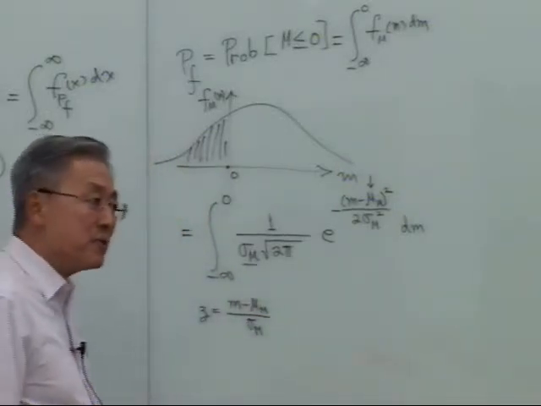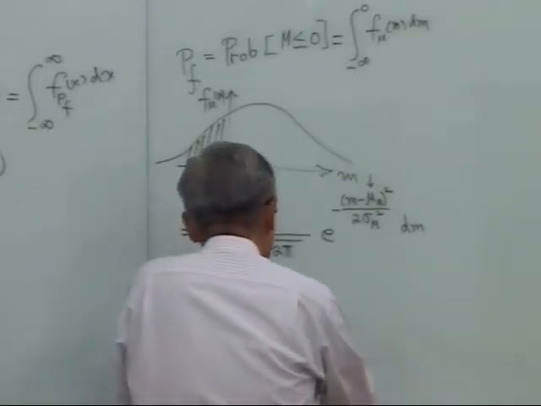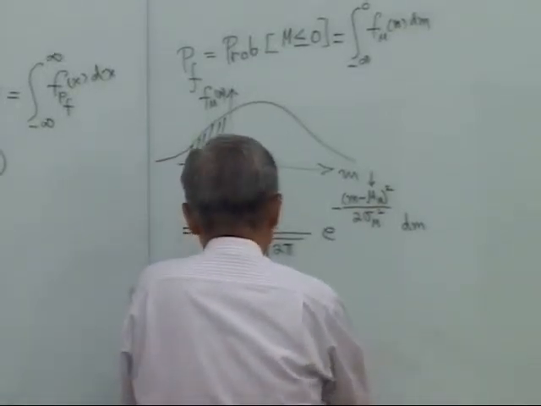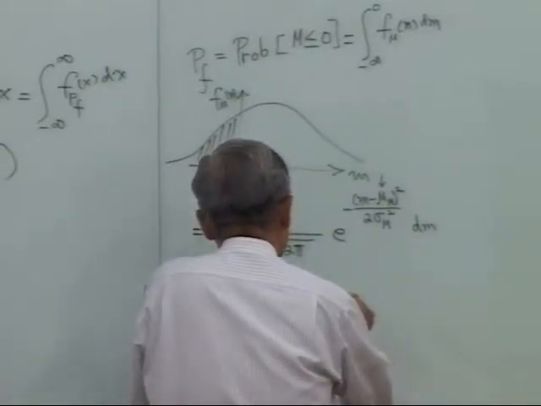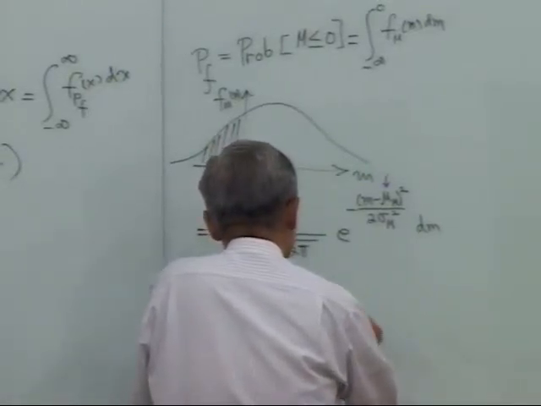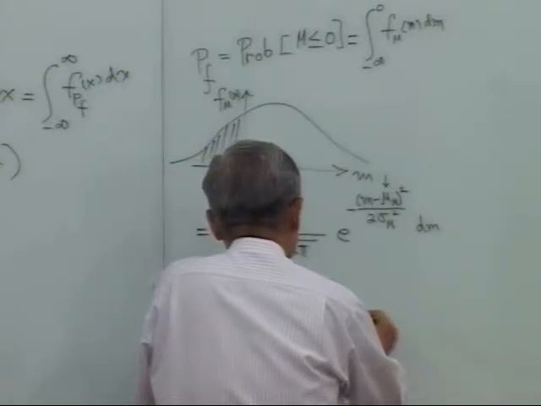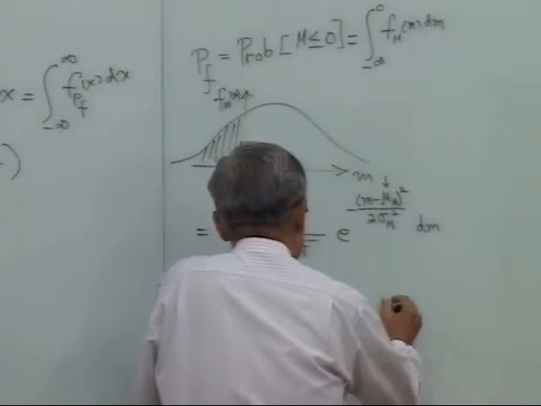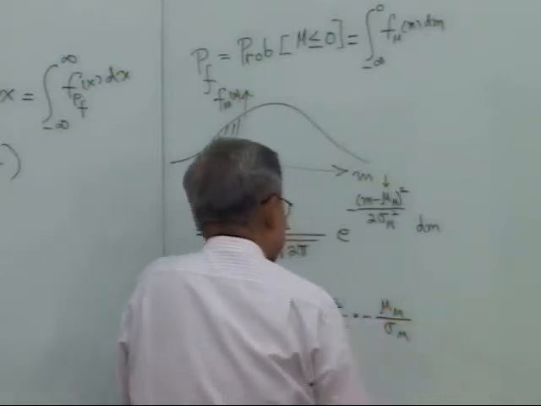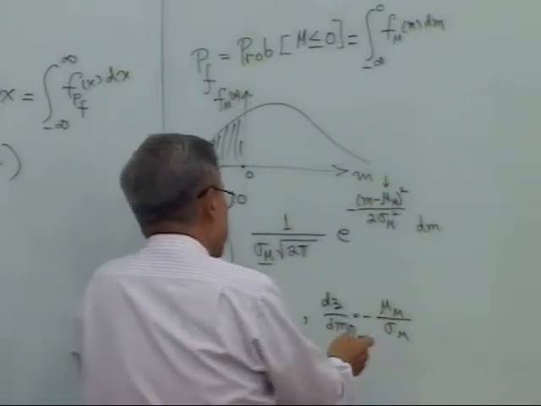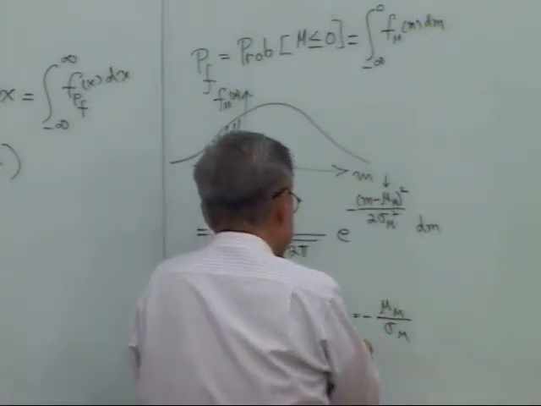Then take a derivative, dz over dm, which is 1 over sigma_M.